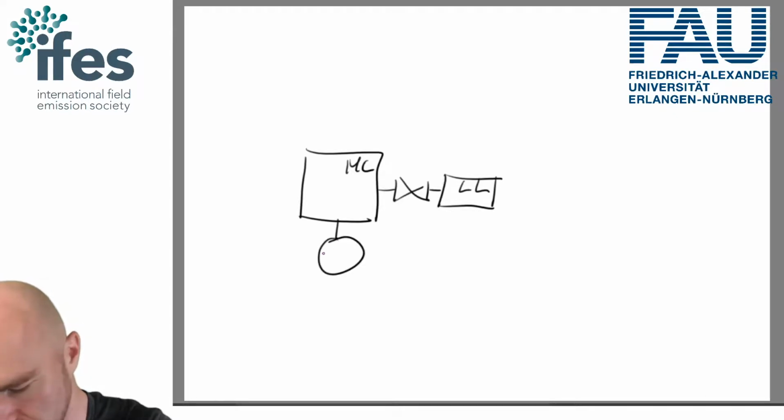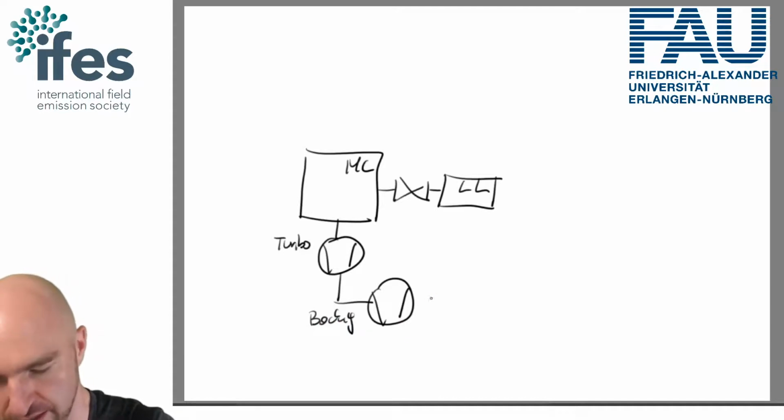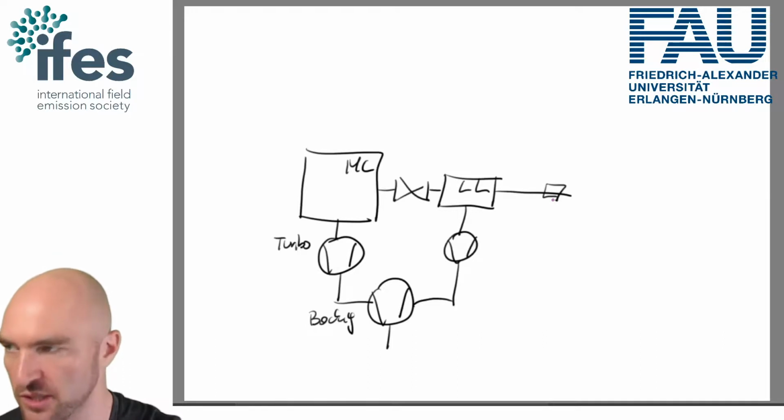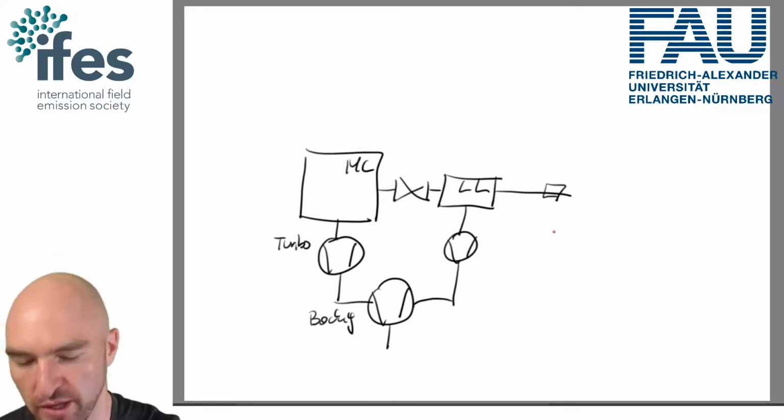You pump this with a turbo pump with a backing pump, and then this goes out, and then you have either a second turbo pump here, or pump it directly with the backing, and this would be fully sufficient to get to the pressures that you need to do atom probe tomography.